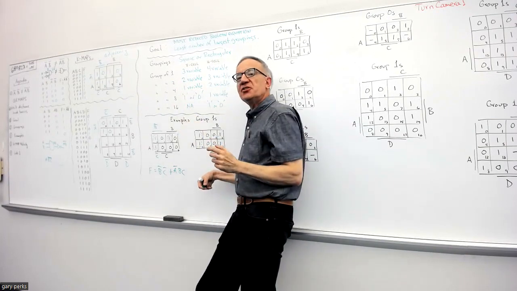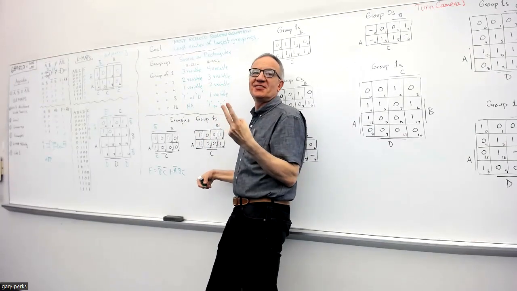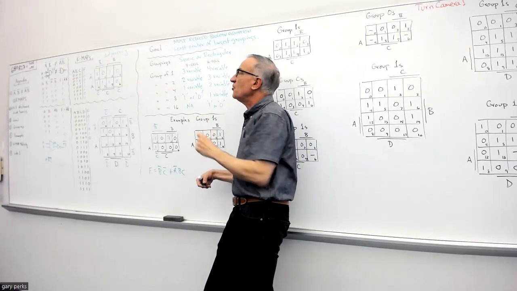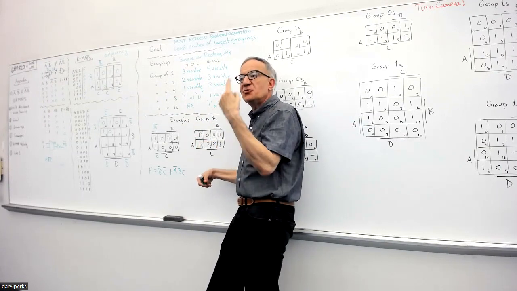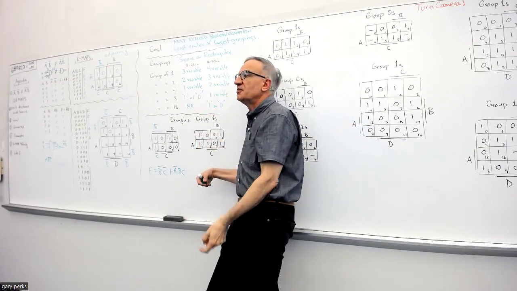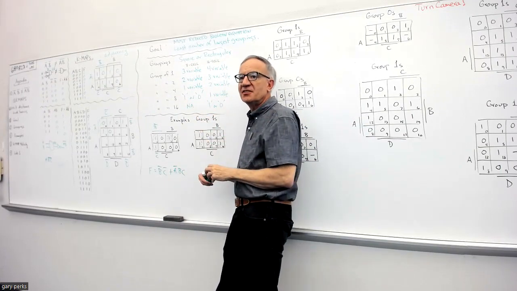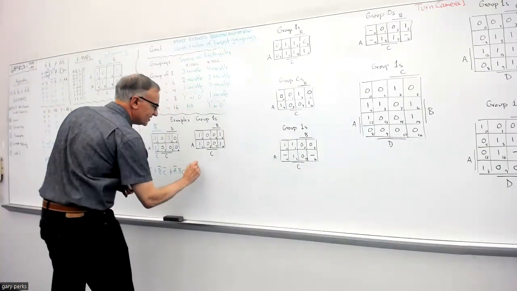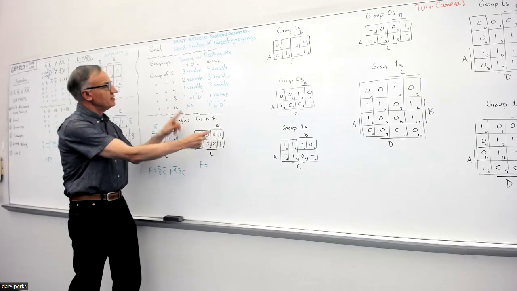If I did two groups of two, that would give me two terms that have two variables. Right? Remember, the whole goal is to get the most reduced expression. Right? An expression with just one term, one variable is more reduced than two terms where each term has two variables. Okay, so you see this is going to be f equal to, now, what is common?